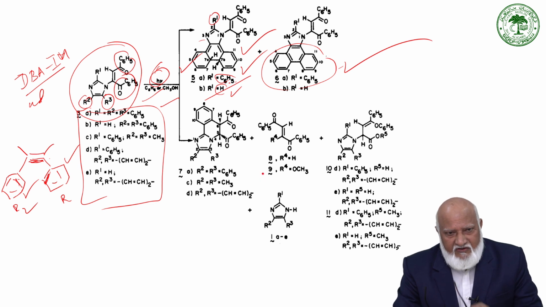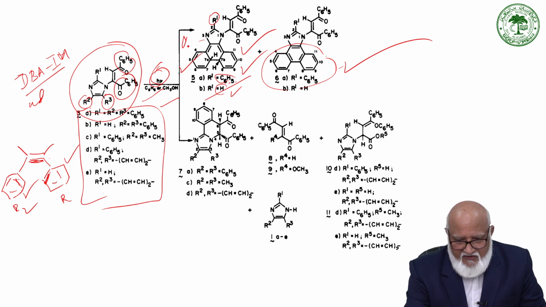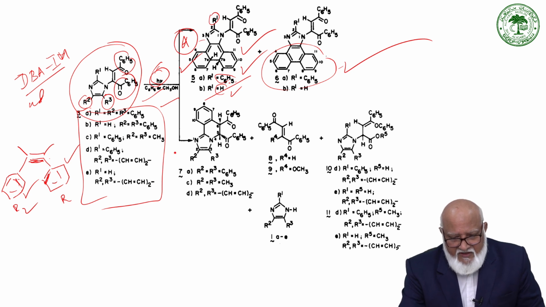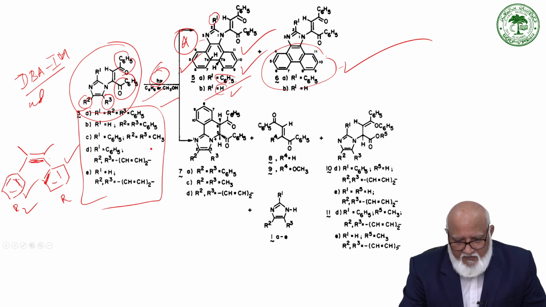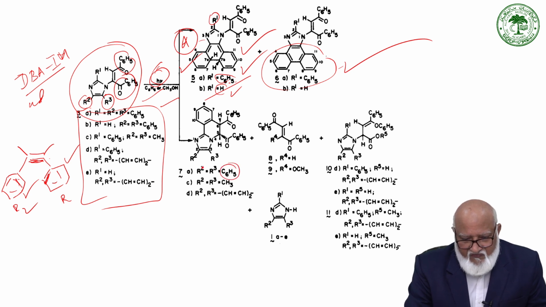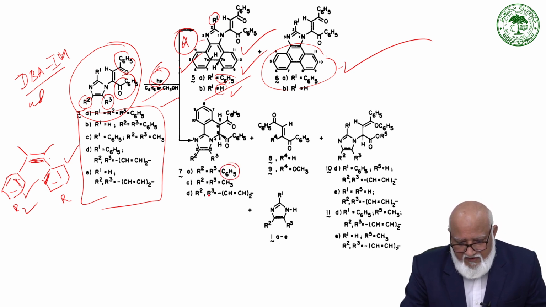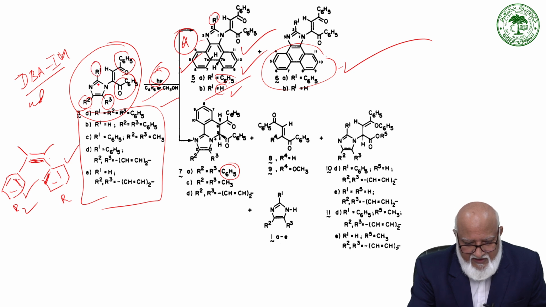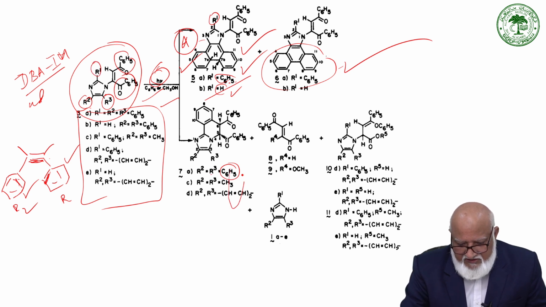This is path A, which is the 6 pi electron cyclization photochemistry. Another path is observed when R1 is equal to C6H5, and of course R2 and R3 are these substituents.